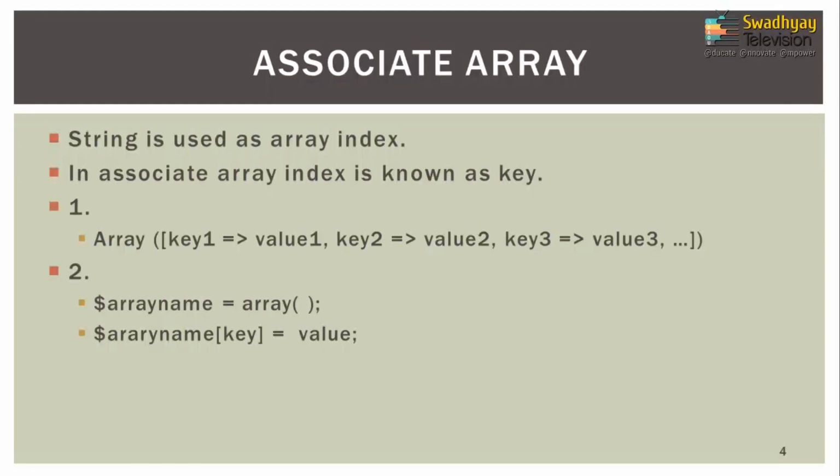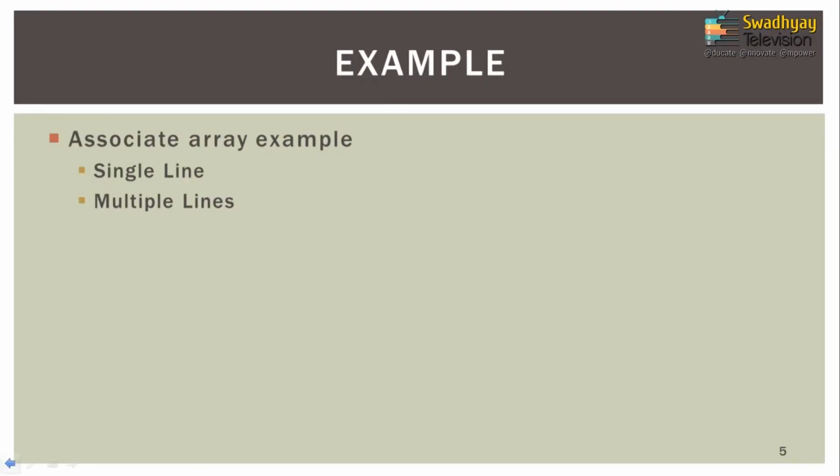Or you can create an associative array in multiple lines by first writing the array name, and in square brackets you provide the key assigned to its value. Let us take an example of each one.